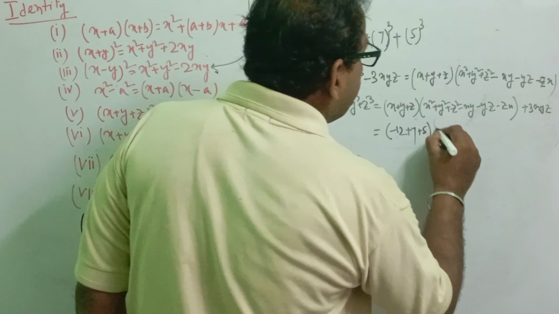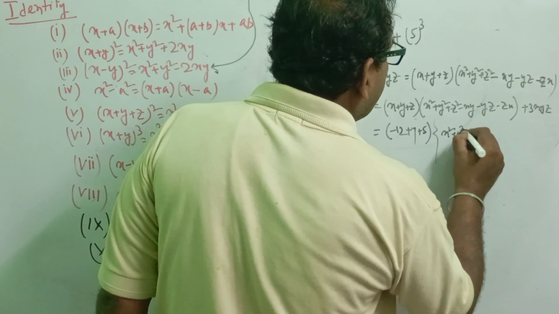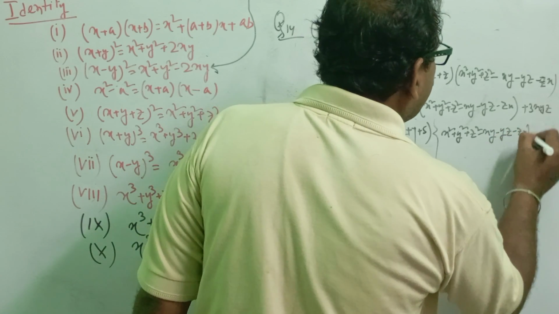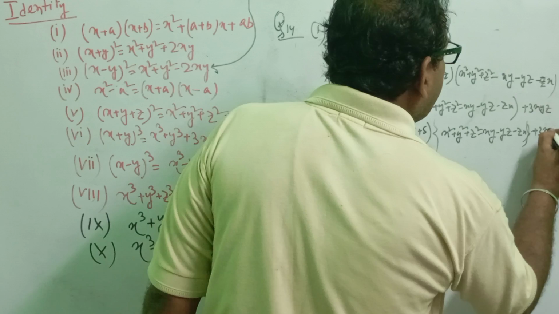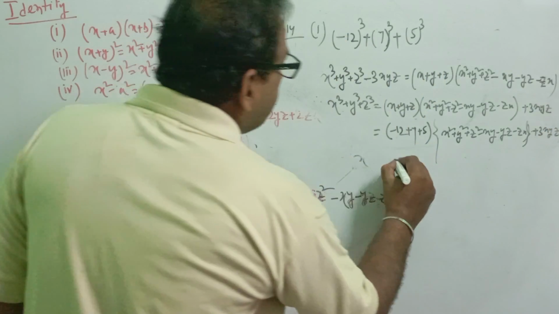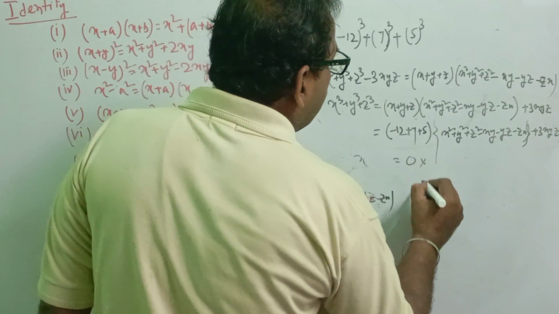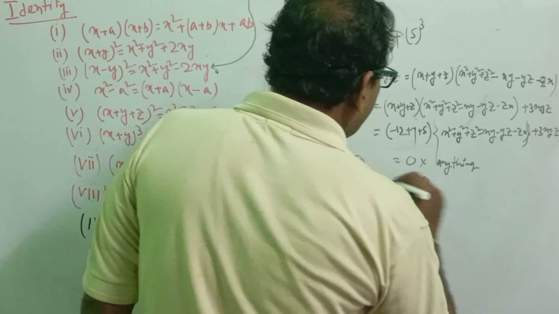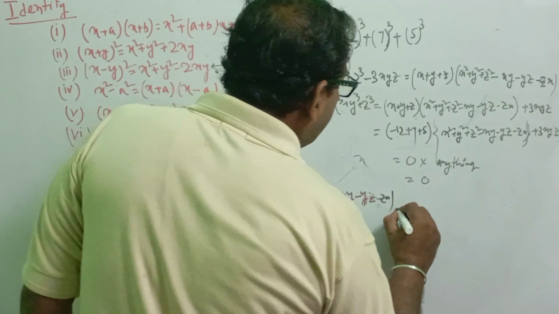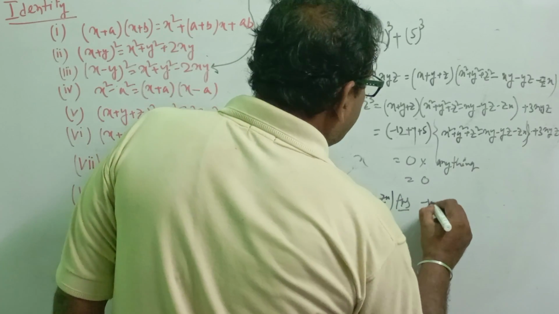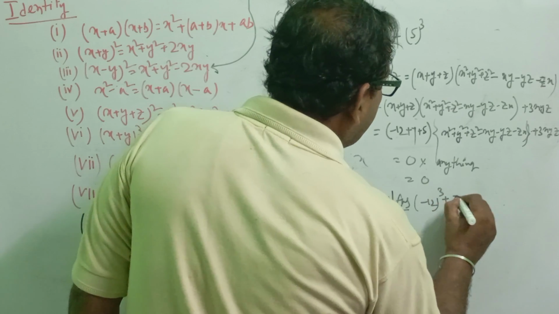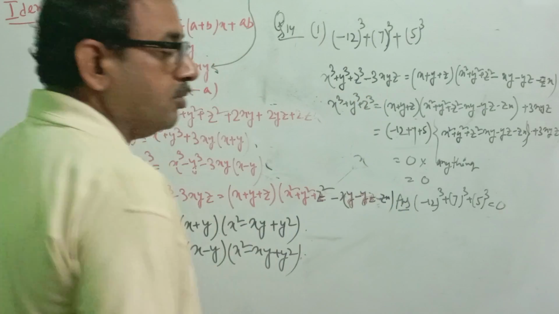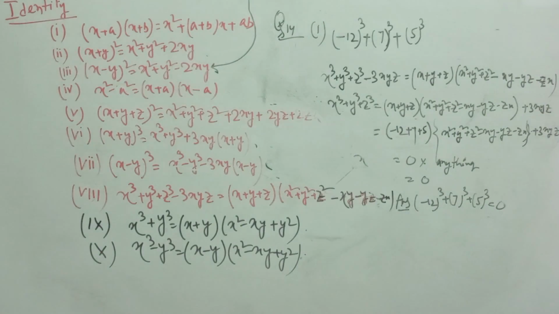So we simply write the other thing, x square plus y square plus z square minus xy minus yz minus zx plus 3xyz, and this is 0. 0 into anything is equal to 0. So the answer will be minus 12 whole cube plus 7 whole cube plus 5 whole cube is equal to 0. You simply write that and apply this.